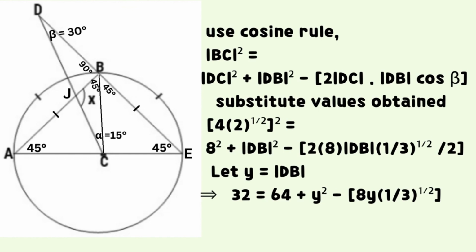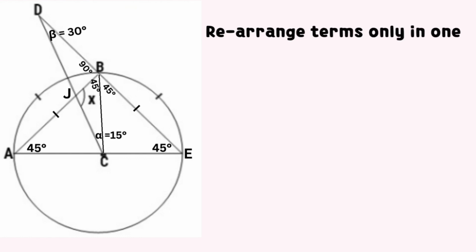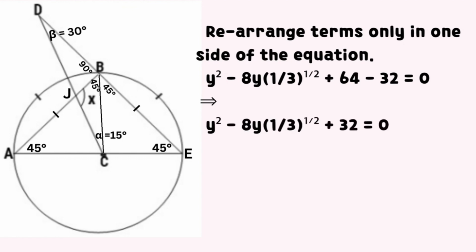Let y equal line D, B. We obtained an equation in y as shown on the screen. Rearrange terms to one side of the equation. We obtained an equation as shown on the screen.